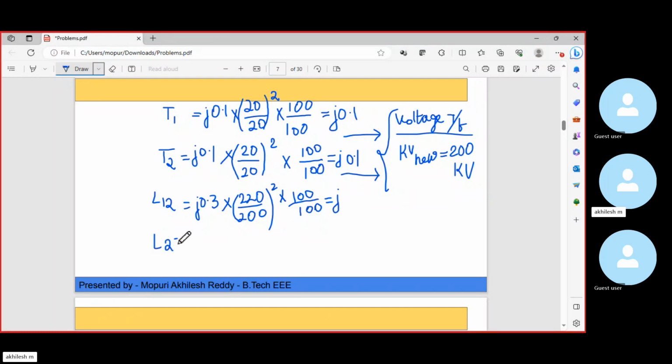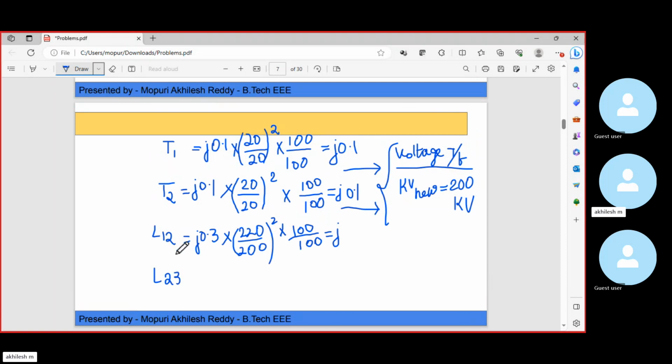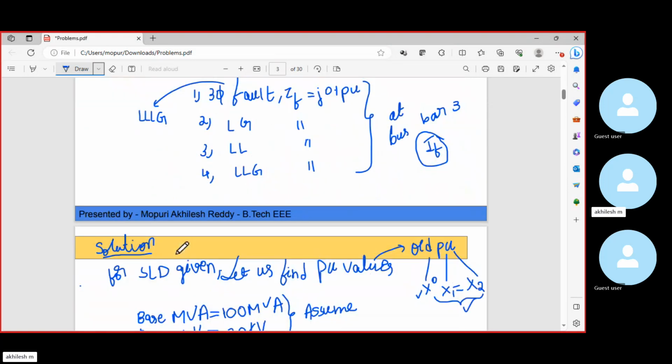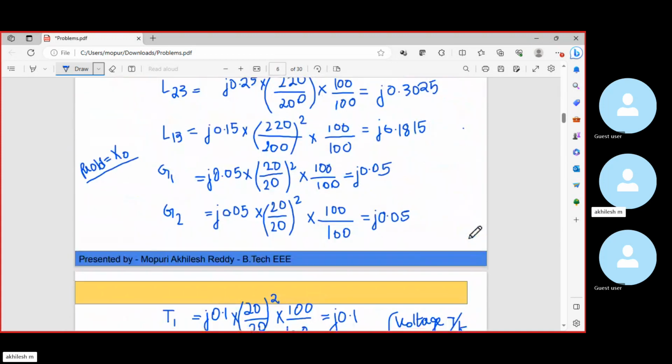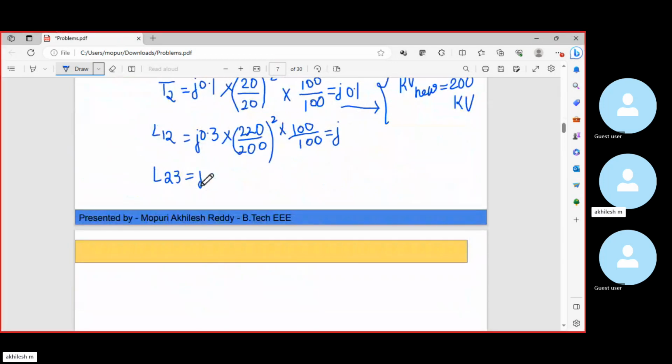Coming to L23, what is the zero sequence corresponding old per unit value? It is 0.7125, so j0.7125 into again the same 220 by 200 whole square into 100 by 100.